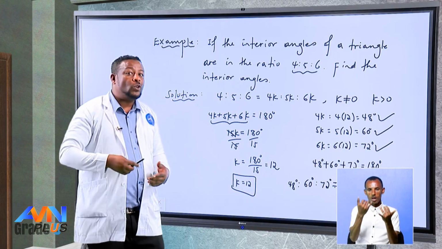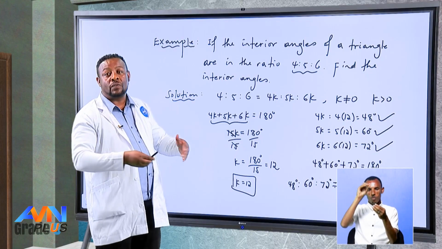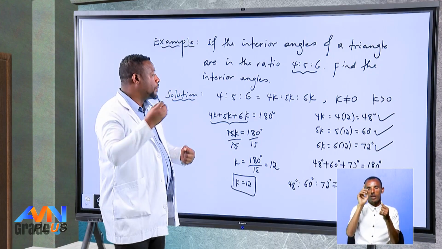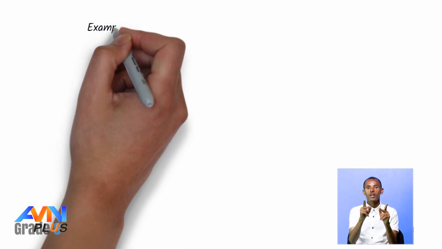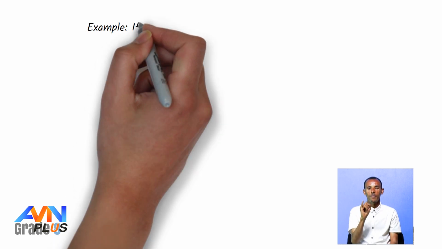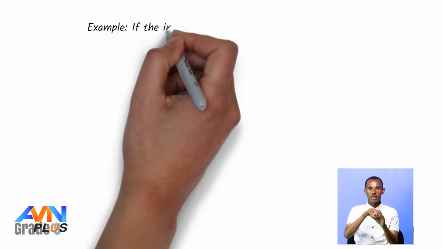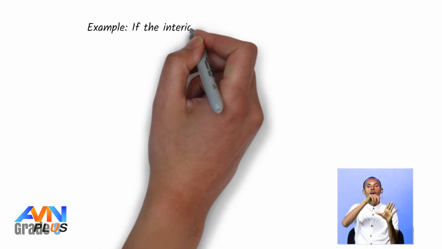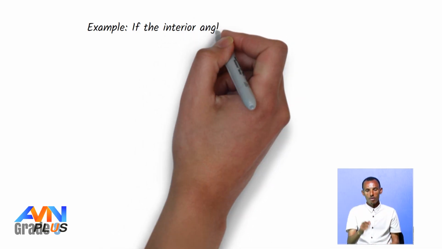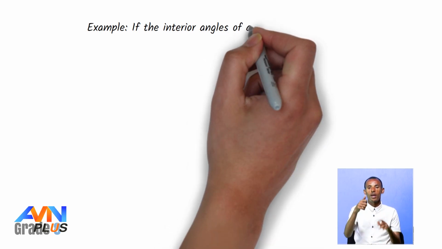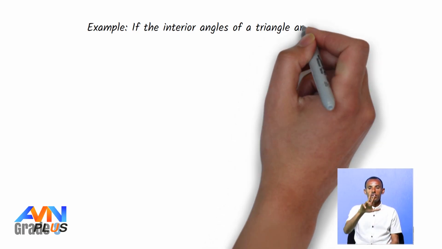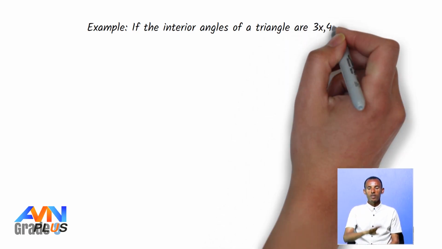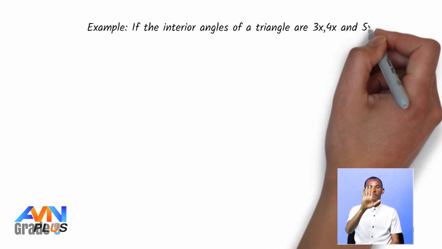So now I will give you one more example, and that will be the end of our discussion for today. In this example, the interior angles of a triangle are 3x, 4x, and 5x.